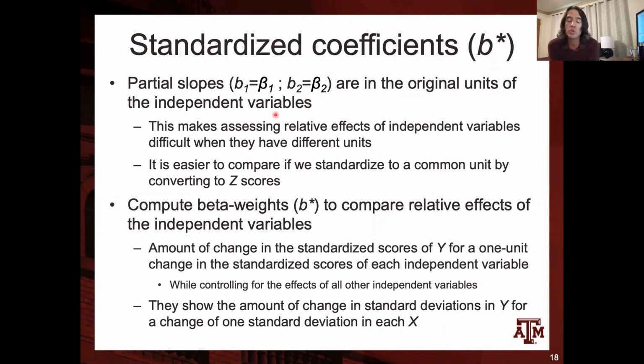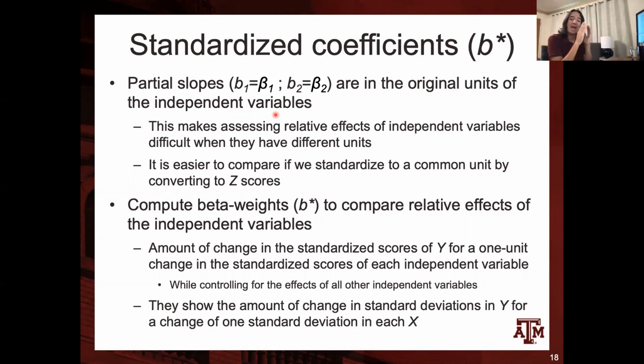What are the original units of the independent variables in my example? Age is 1 year of age from 15, 16, 17, 18, and so on. And education is in 5 education groups: less than high school, junior college, and graduate degree.